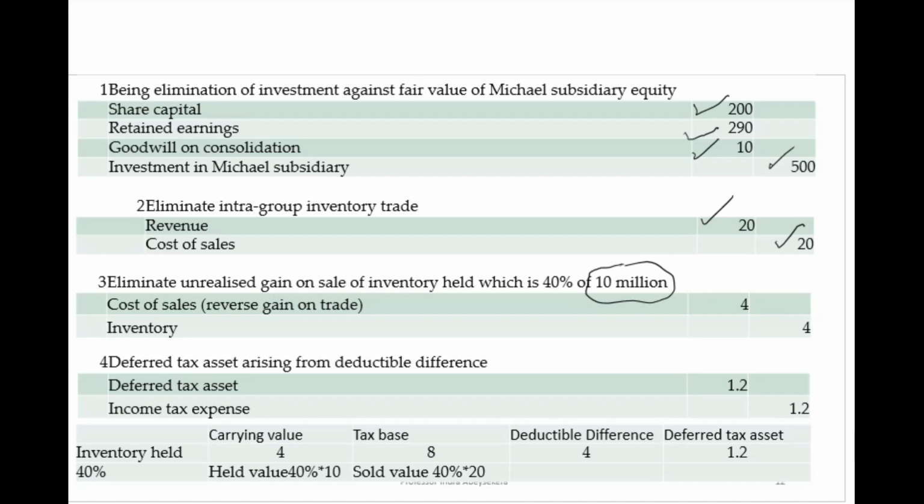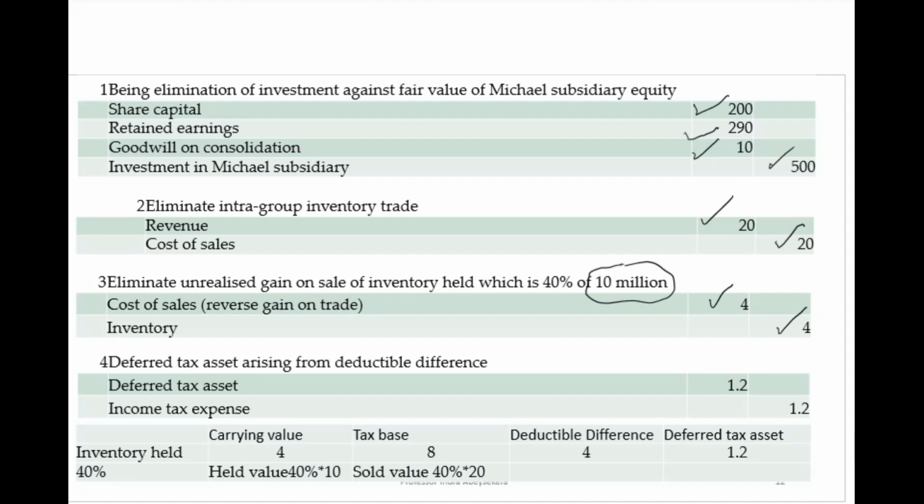So therefore, we need to eliminate only 40% of that unrealized gain. So we credit inventory 4 million and we debit cost of sales 4 million because it's unrealized gain. By doing that, we are increasing costs to decrease the gain.